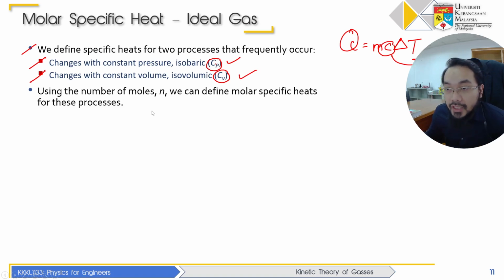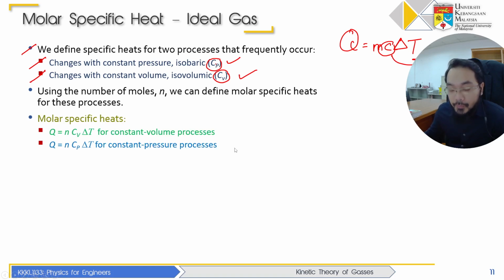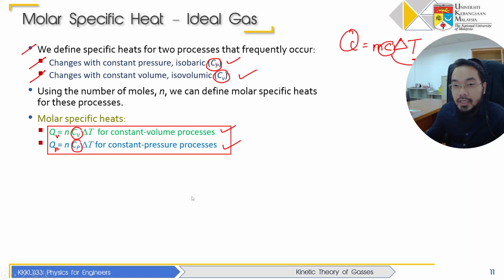Using the number of moles n, we can define molar specific heats of these processes. The molar specific heat for a constant volume process is this one, so you can put Qv here, and Qp here. The equation is still the same. The only difference is that the value you use for the specific heat capacity is different, Cv or Cp, depending on whether the process is constant volume or constant pressure.